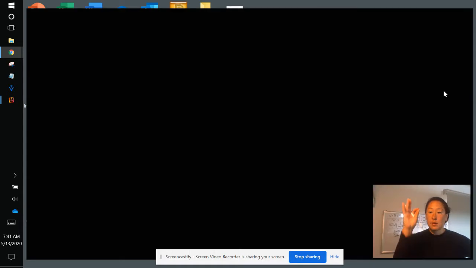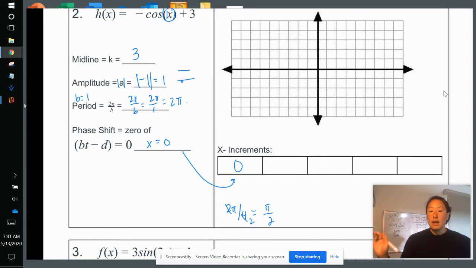So that tells me I'm going to add half pi basically every quarter of my graph. So I'm going to add 1 pi over 2, 2 pi over 2, 3 pi over 2, and 4 pi over 2. This one doesn't reduce. 2 pi over 2 is pi. 3 pi over 2 doesn't reduce. 4 pi over 2 gives me 2 pi.